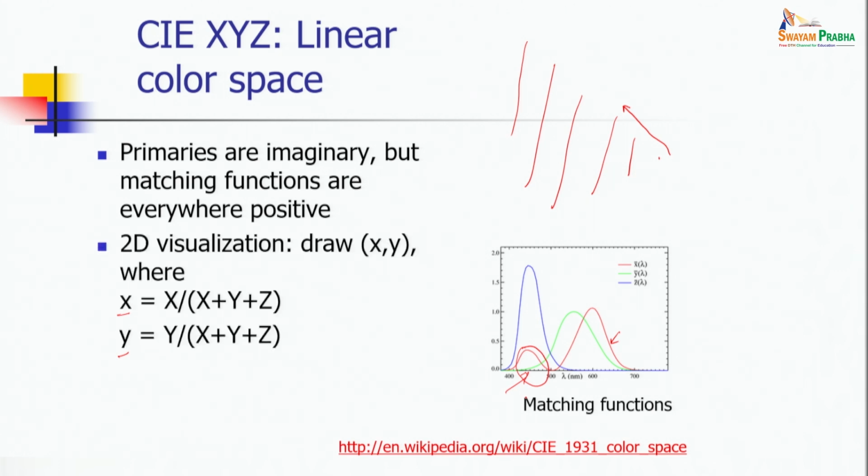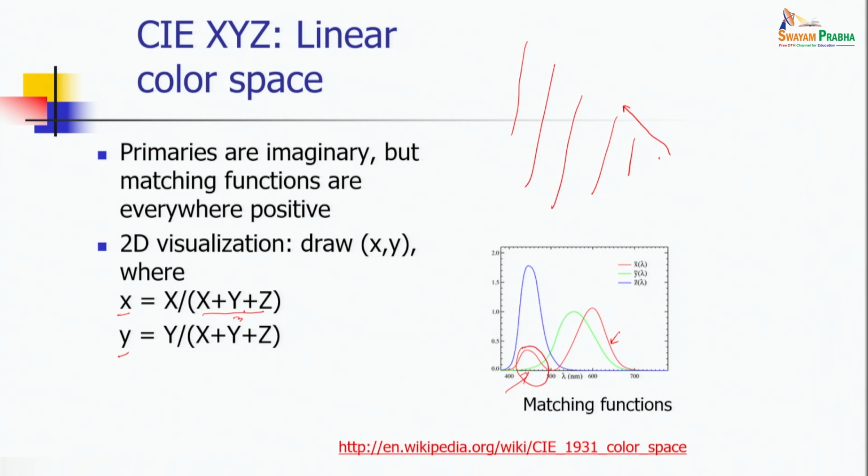There is another way of understanding this, which is that you can better separate out the chromatic part and the achromatic part. The achromatic part mostly represents the brightness. If I consider the sum of X, Y, Z and take the average, that gives you a kind of brightness factor.